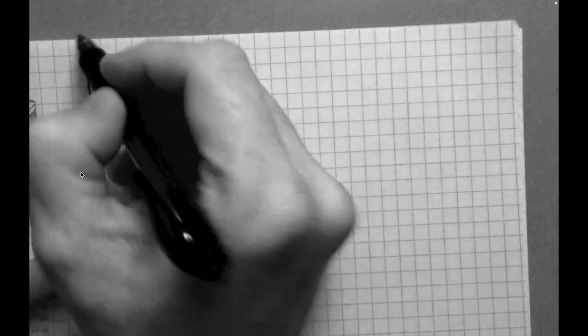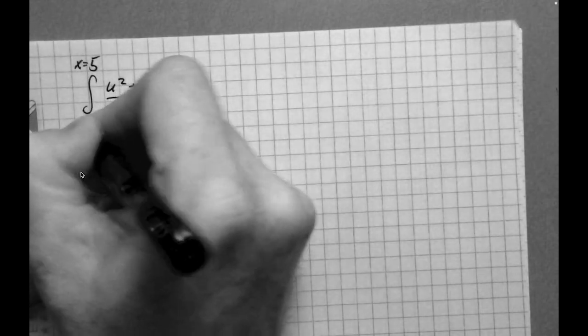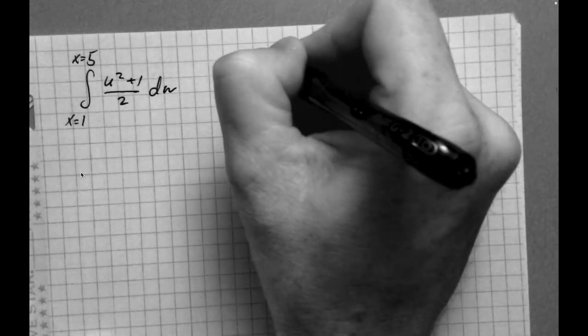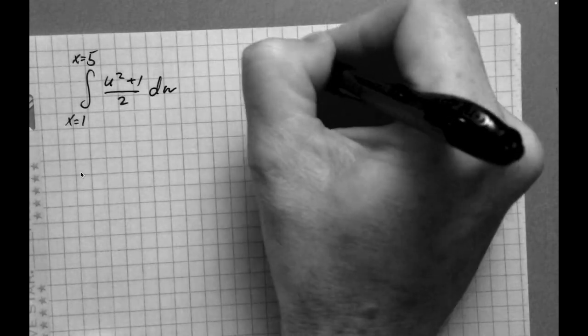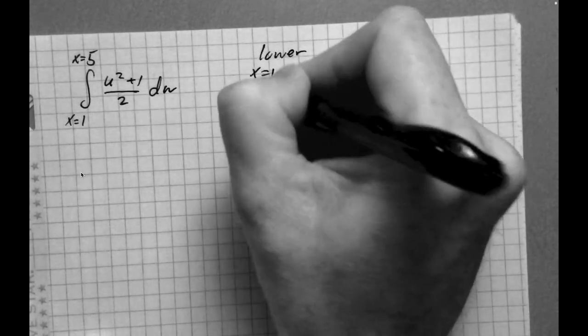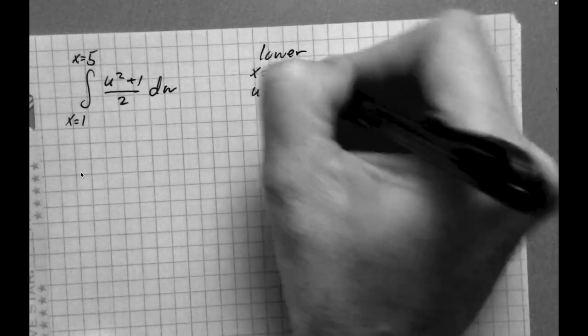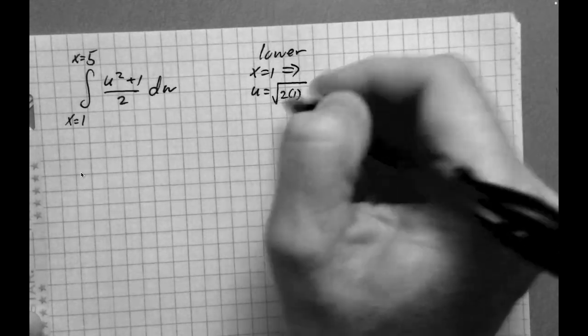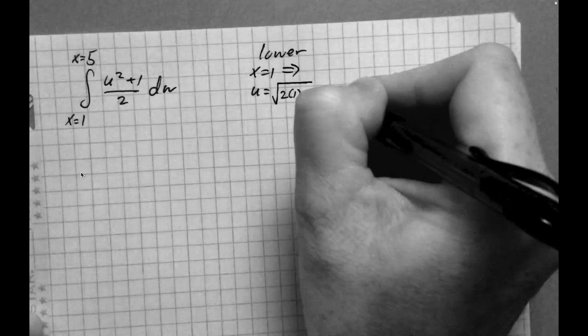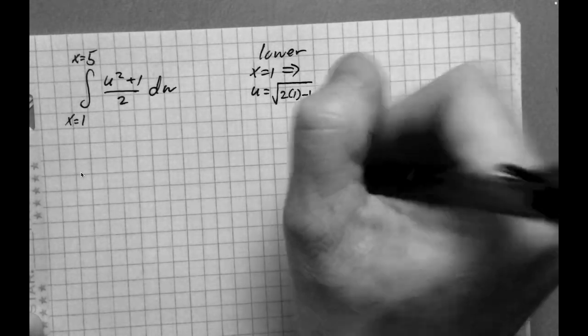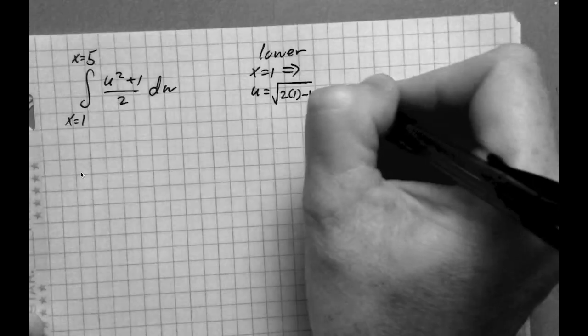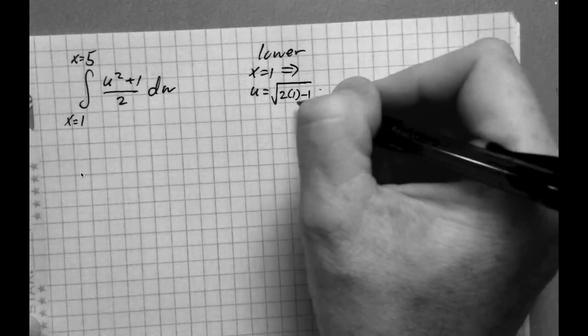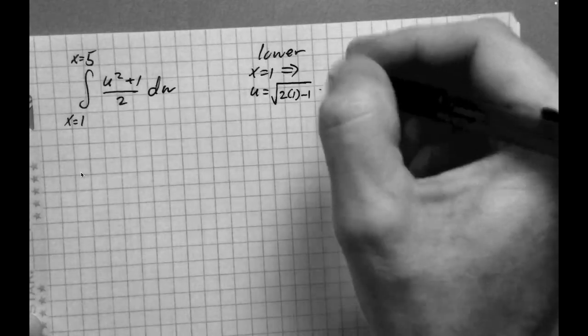Okay. And so we have to be careful here. This is x equals 1 to x equals 5, because we haven't actually adjusted those yet. Let's do that adjustment. So the lower x equals 1, then u equals the square root of 2 times 1 minus 1, which is the square root of 1, which is just 1, of course.